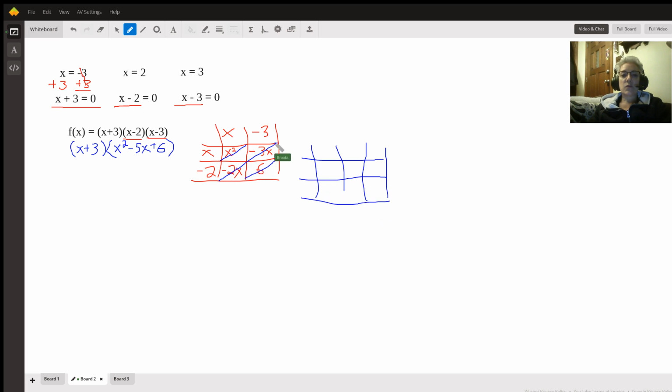I'll put x and positive 3 on this side, and then along the top, x squared, negative 5x, and 6.